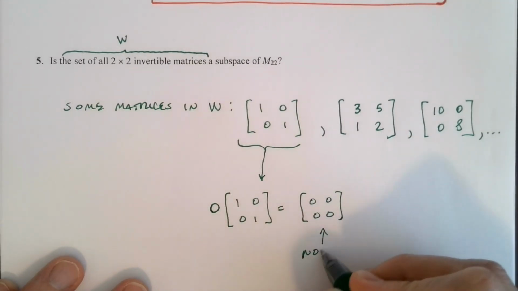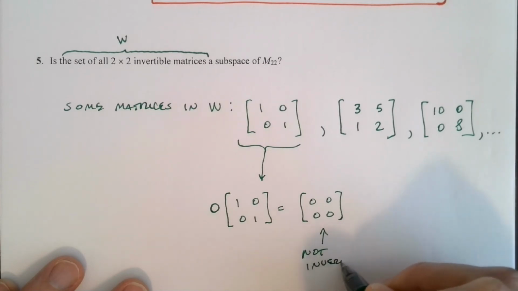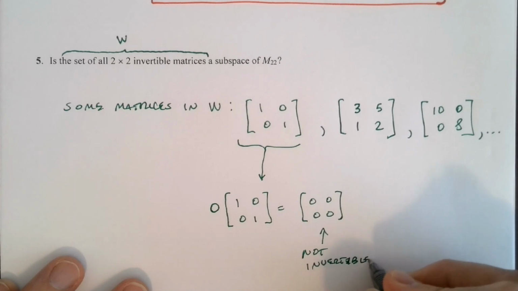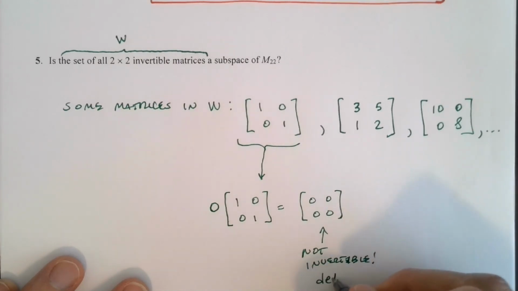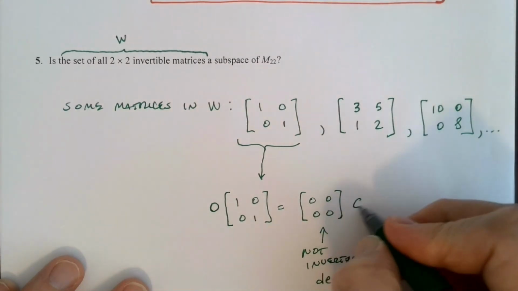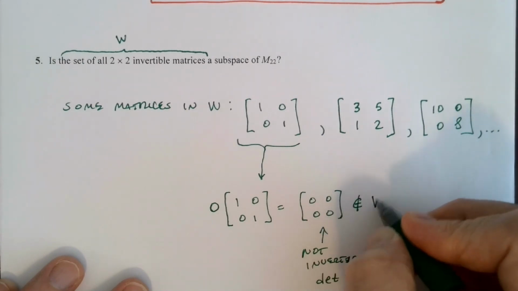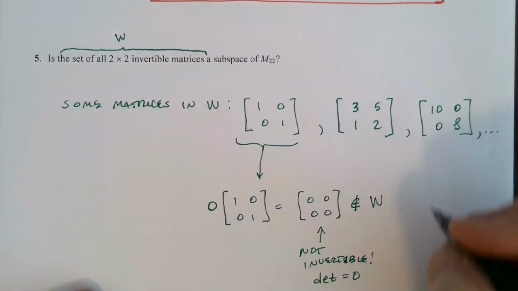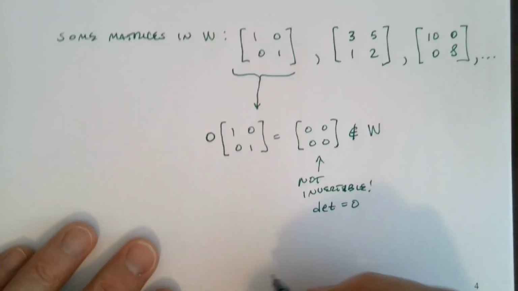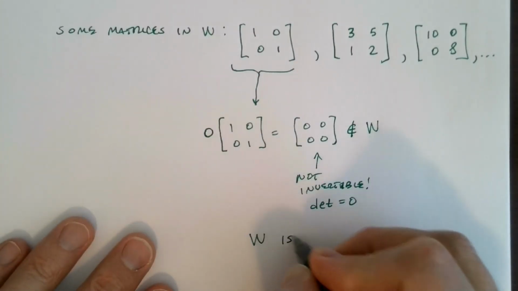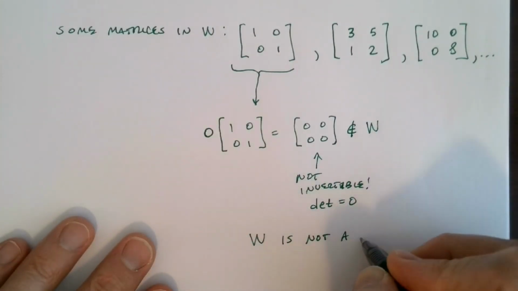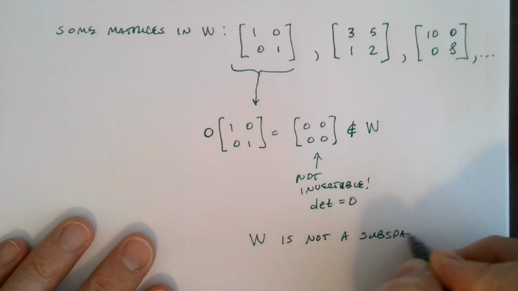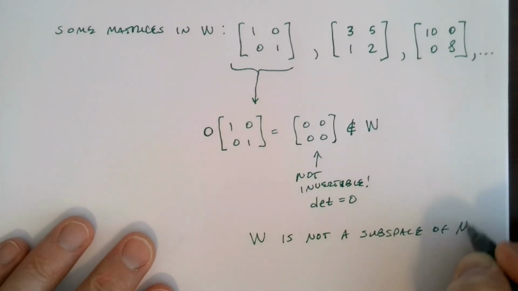No, it's not invertible. Its determinant is 0. And so this is not in the set W. We're not closed under scalar multiplication again, and so W is not a subspace of M22.